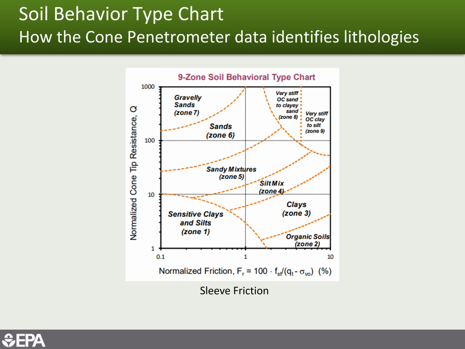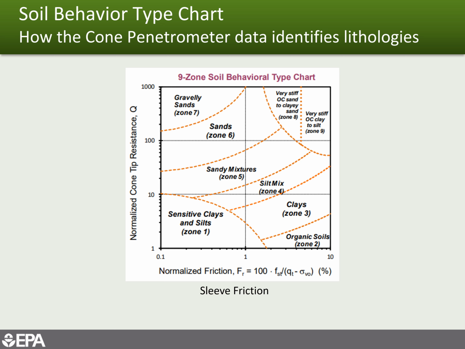So soil behavior type, excuse me, I had that wrong, but you can see the sleeve friction on the x-axis and the tip pressure on the y-axis, and those two values plot out to a sandy zone or gravelly zone, a very stiff clay.